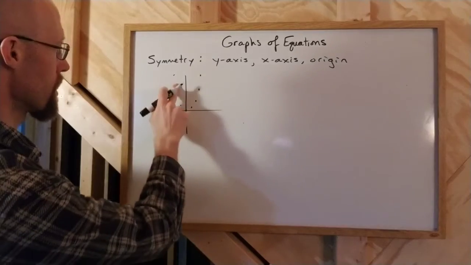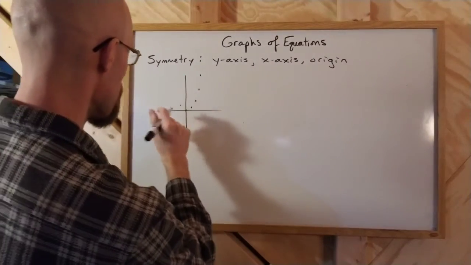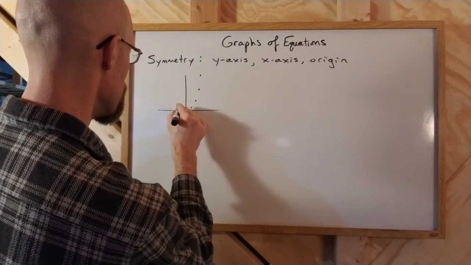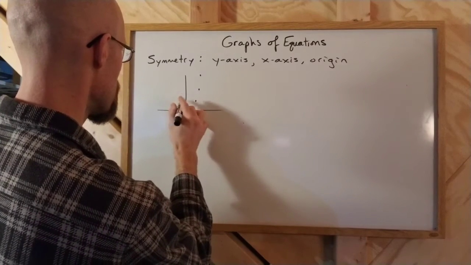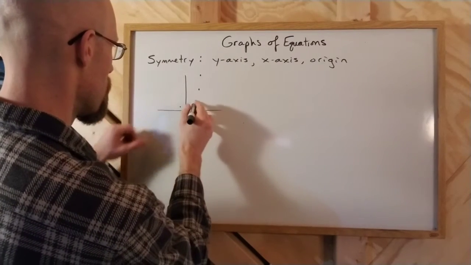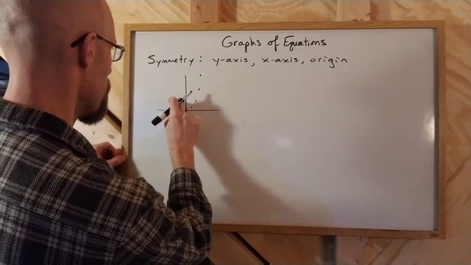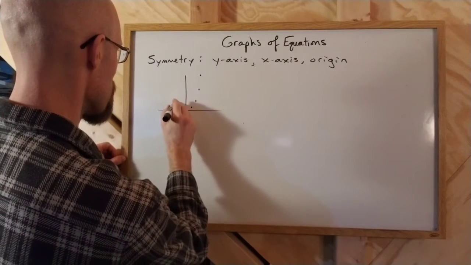I'm not sure I'm drawing that very symmetrically here. Oh wow, it's way off. What am I doing? Something like this. Over here. Oh, I can't get that to work out nicely. There we go.